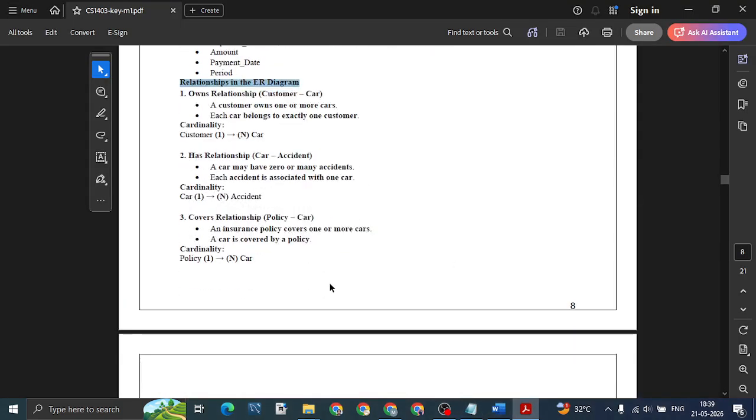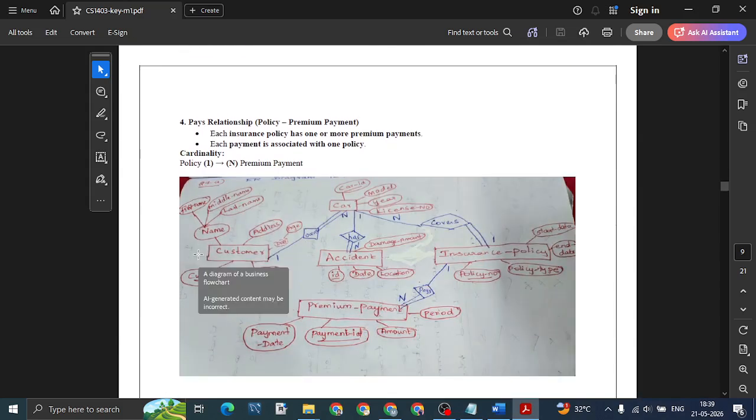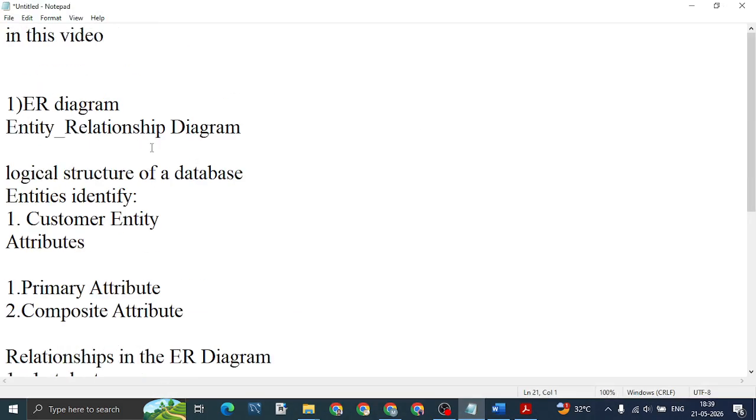Then followed by the diagram. This is the typical ER diagram of this. The primary attribute, that is the prime attribute, that is the primary key, should be entered. If you want to represent an attribute, you specify the oval symbol. The entity should be represented in a rectangular symbol, right?